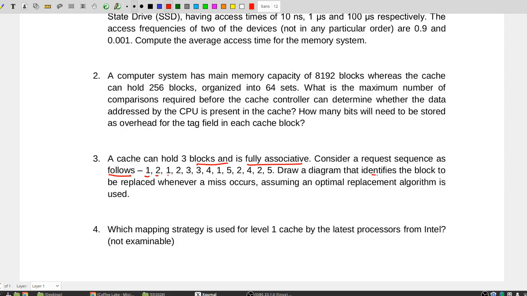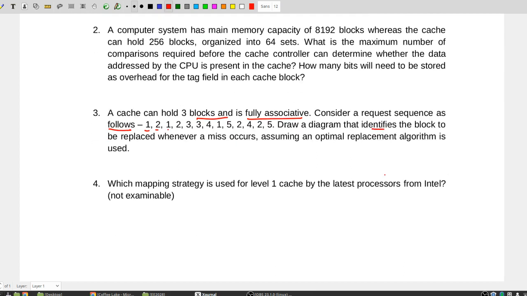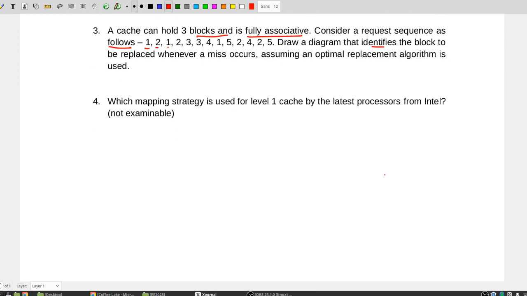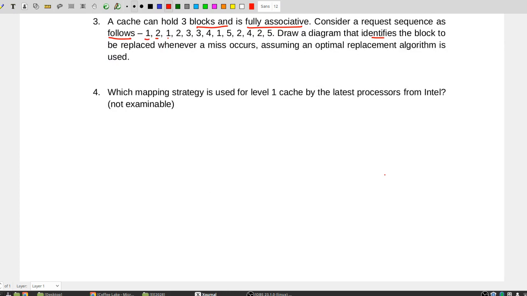Draw a diagram that identifies the block to be replaced whenever a miss occurs, assuming that an optimal replacement algorithm is being used. So here we have a cache which can hold 3 blocks of data. Okay, and we have to see what is the block to be replaced whenever there is a miss.